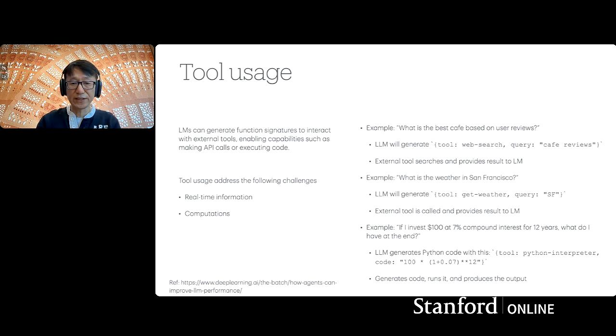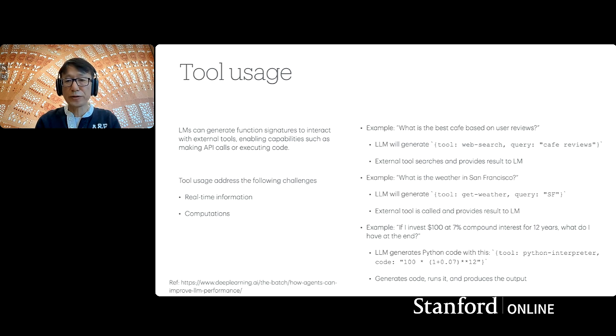As in this example, the model generates the output in the form get weather, with the input argument to this API call or function call being the place that we asked.